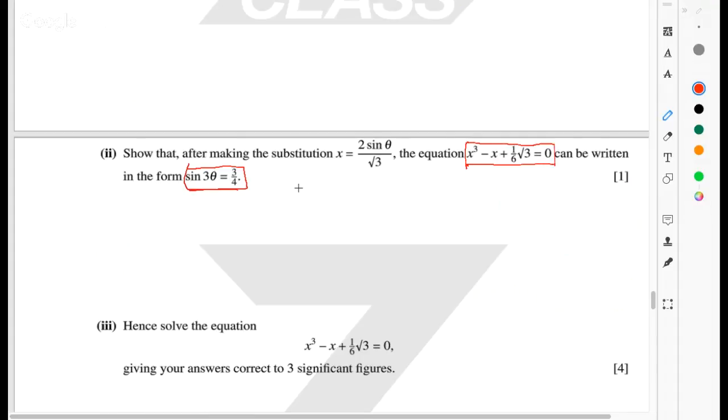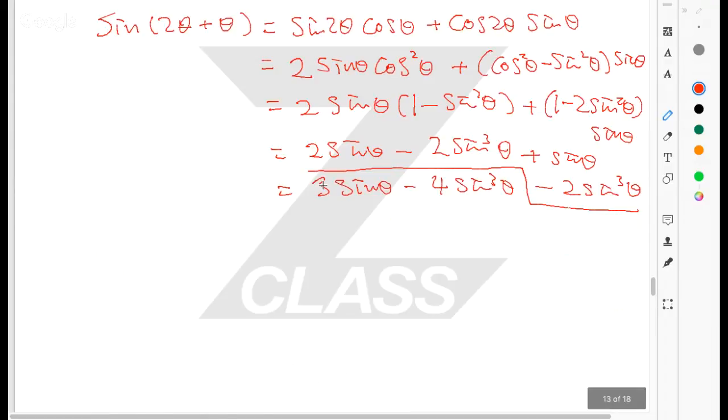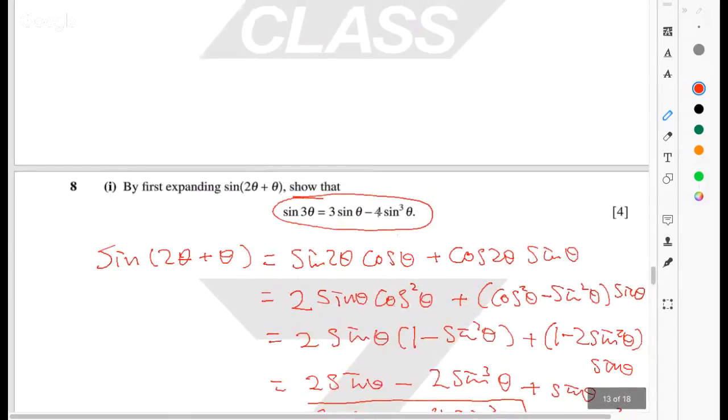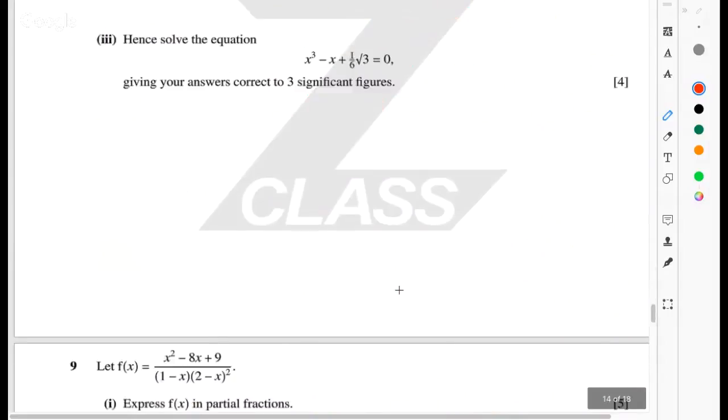So let's make the substitution first. It will be 8 sine cubed theta over 3 root 3 minus 2 sine theta over root 3 plus root 3 over 6 equals 0. And we want a 4 in front of sine cubed because in the formula we have a 4 in front of sine cubed.